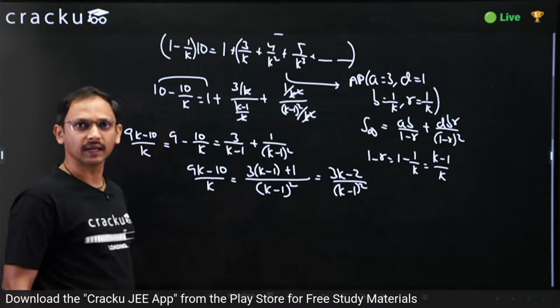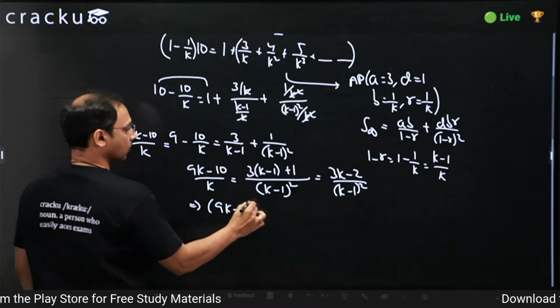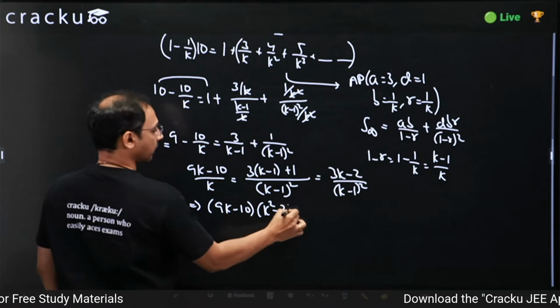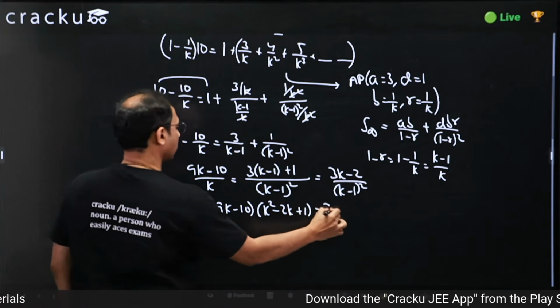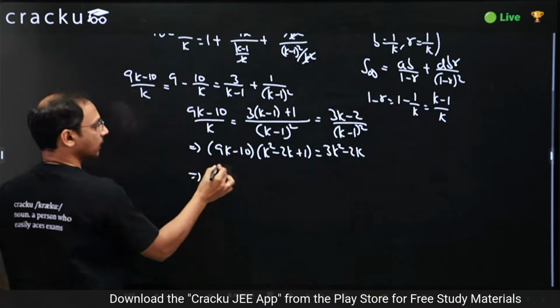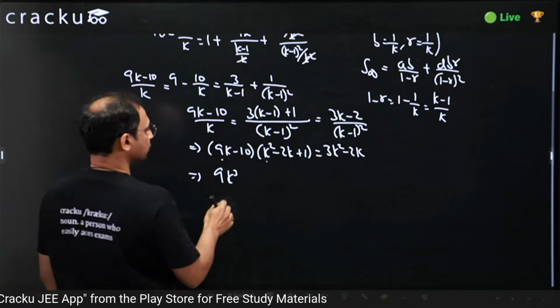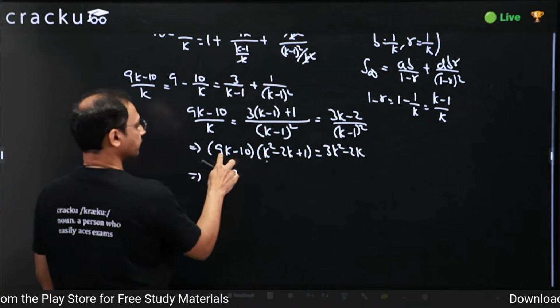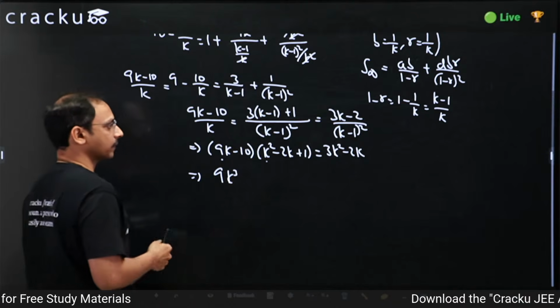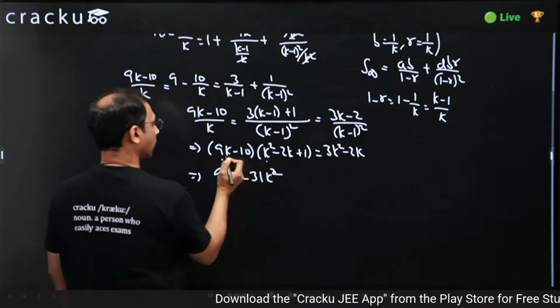So we are going to get a cubic equation, guys. 9k minus 10 into k square minus 2k plus 1 is equal to 3k square minus 2k. Now let's see what happens. 9k cube. What is the k square coefficient? Minus 10 minus 18, that is minus 28 minus 3, minus 31k square.